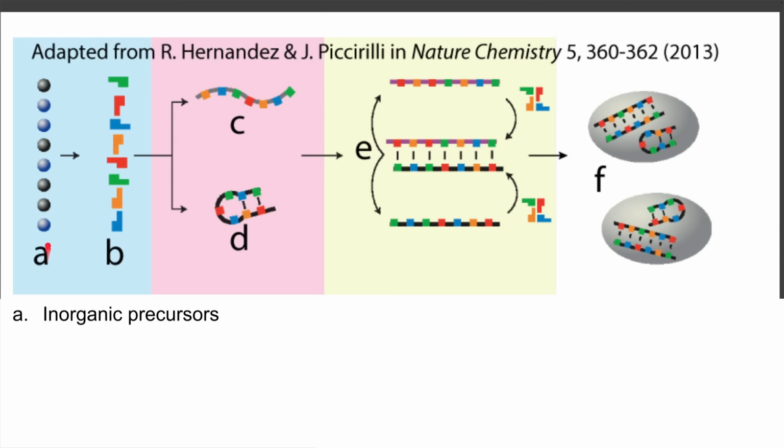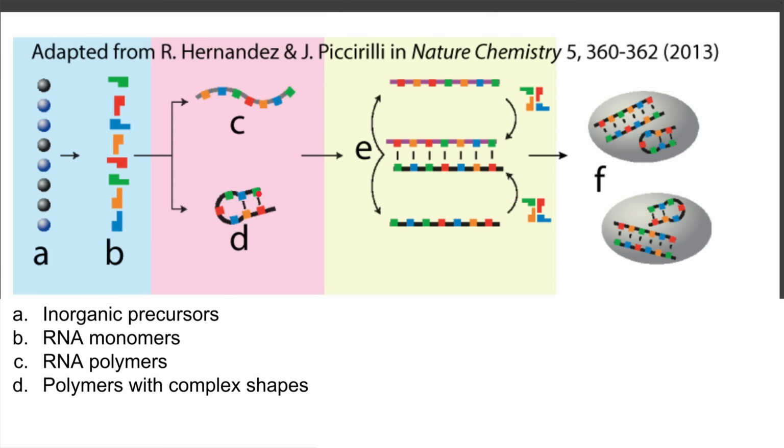There are the inorganic precursors, carbon dioxide, methane, other molecules that combine to form RNA monomers. Those become combined to form RNA polymers, which wind up folding into complex shapes that have catalytic ability. Eventually, you have self-replication of RNAs, and those RNAs that are self-replicating become encapsulated in protocells.